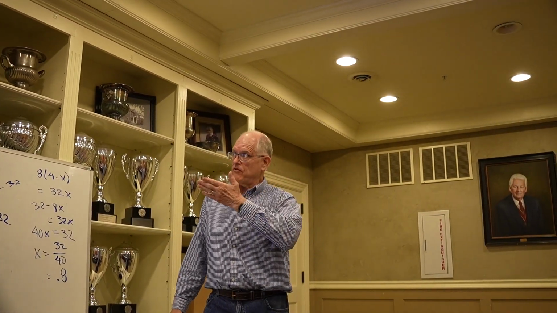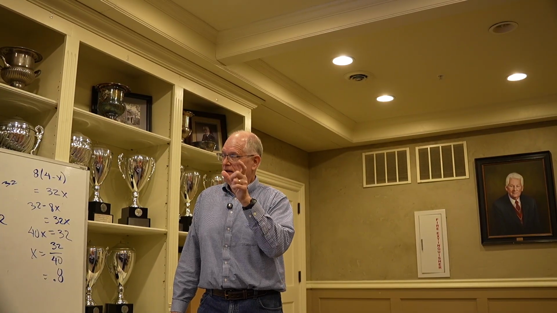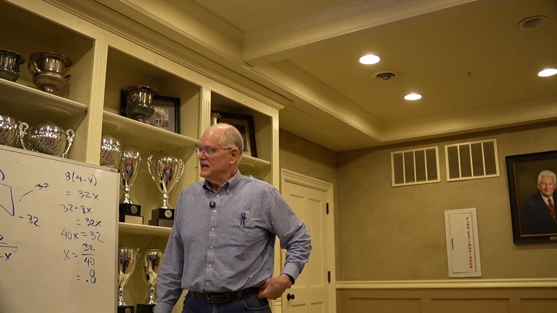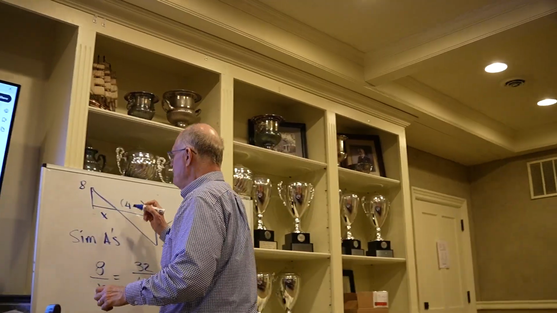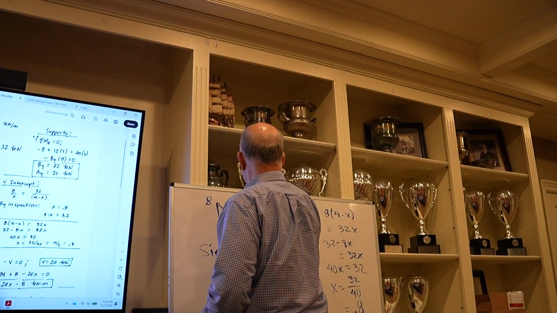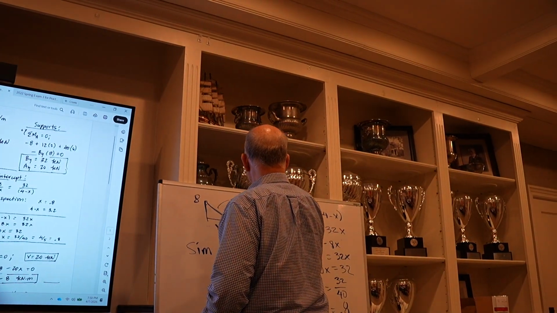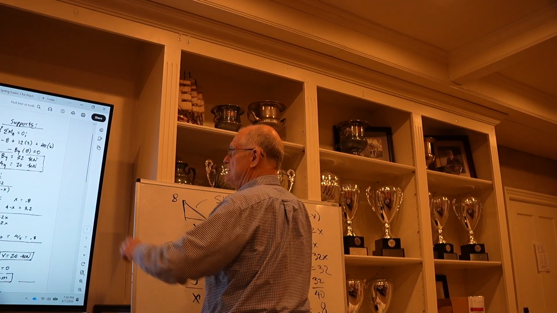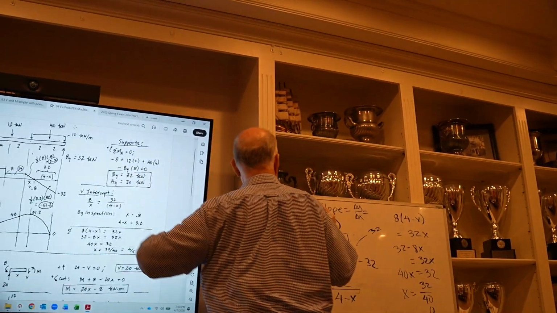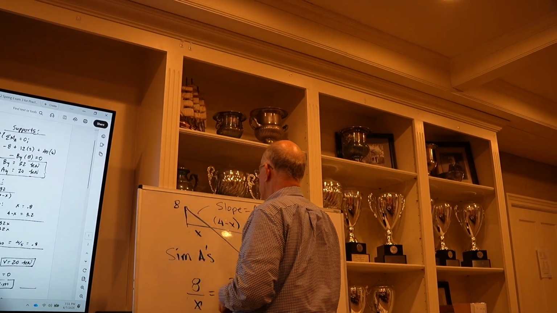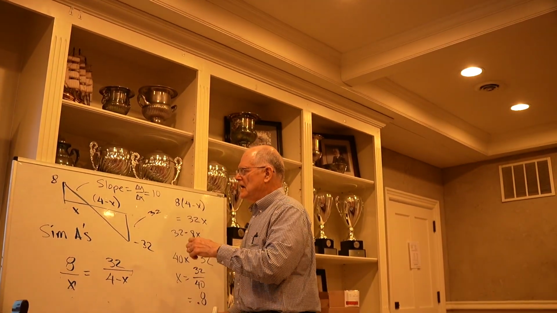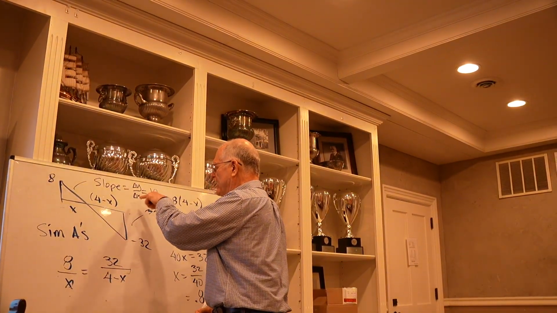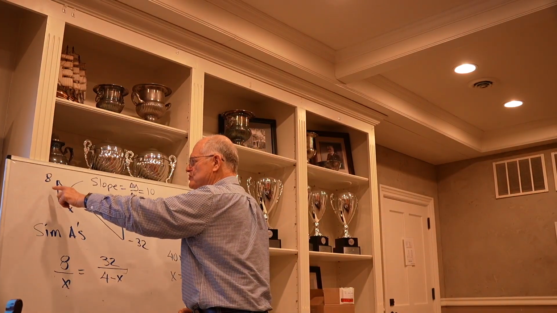If you have a uniform load, you often need to get x. Another way to get x is that the slope of this line, which is delta y over delta x, is equal to the value of w, which is 10. So this delta y over delta x is 10, which is equal to 8 over x.